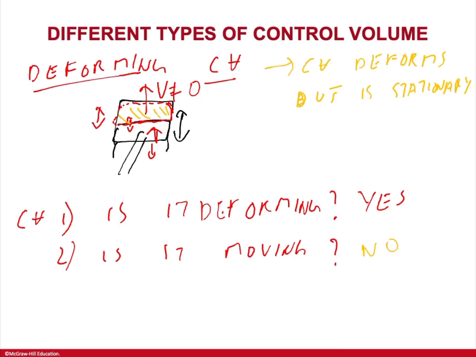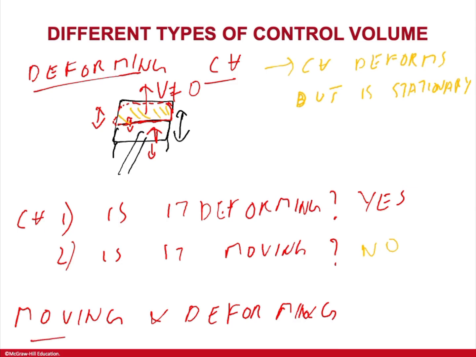And finally, you can think of a third class, the most general class of control volume, which is just a combination of moving and deforming control volume, in which case it is both moving with a certain velocity and deforming.